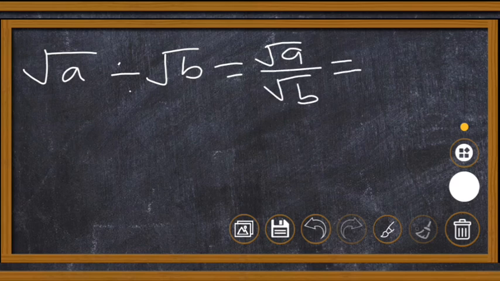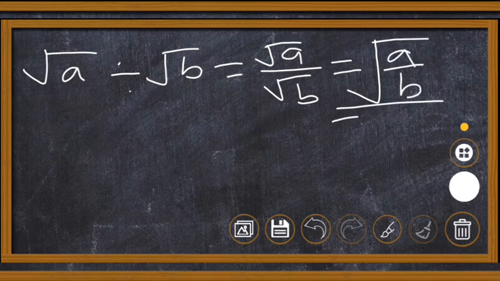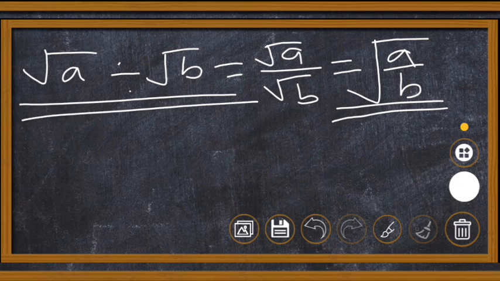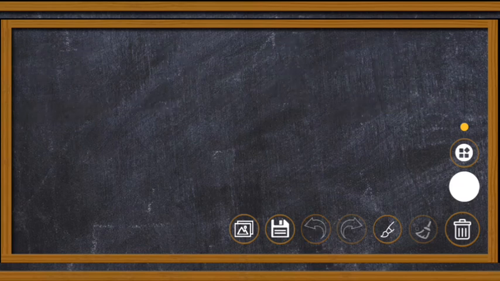According to the rule, you can divide them under one root. So in this case, it's the same as saying a divided by b. So this is the same as this. These rules are very important when it comes to simplifying surds.